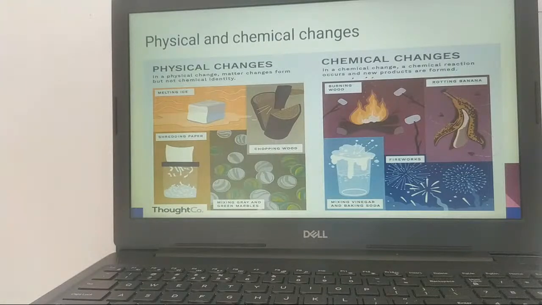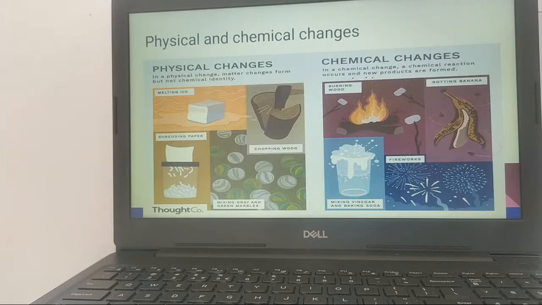So, I just meant in these physical changes, there is no formation of new substance. Only the state or shape of the substance is changed, but the chemical identity remains the same. It's not going to change in any case.